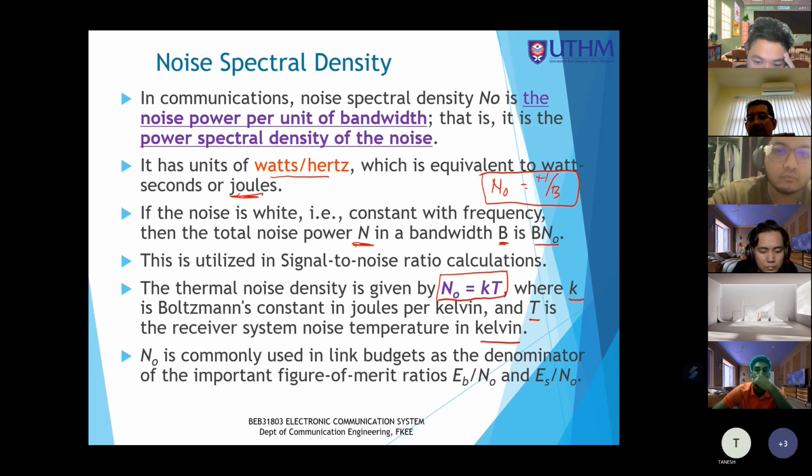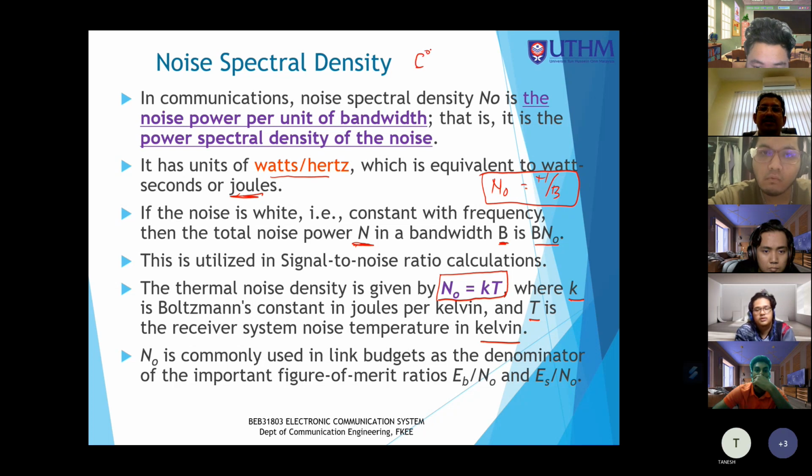Okay, so kelas, saya ingin ingatkan di sini dalam subjek ECS, semua unit untuk suhu adalah dalam bentuk Kelvin, bukan dalam bentuk Celsius. Remember that. Okay. So apabila kita mengira, kita perlu menggunakan unit Kelvin untuk suhu. Okay. Macam mana nak tahu Celsius kepada Kelvin? Okay. So Celsius kepada Kelvin, you kena tambahkan dengan 273.